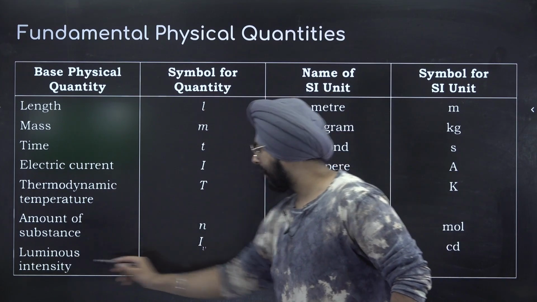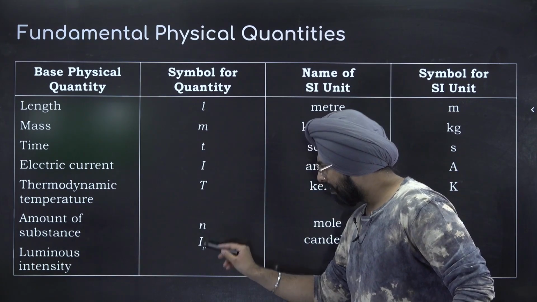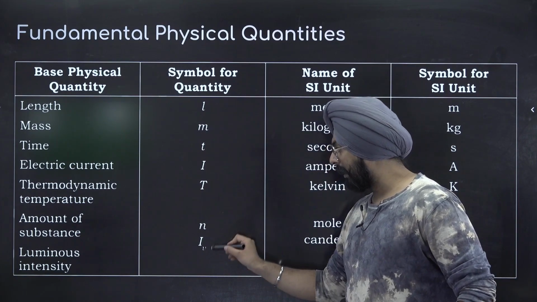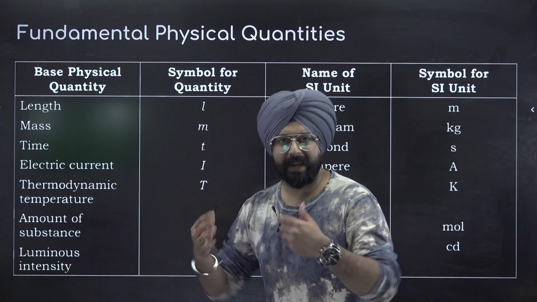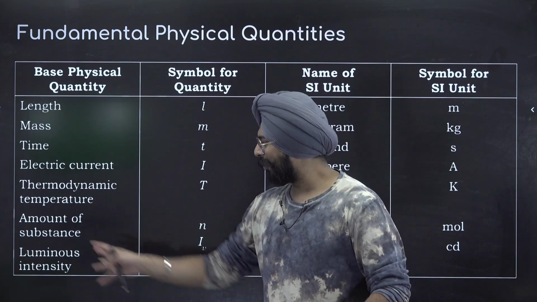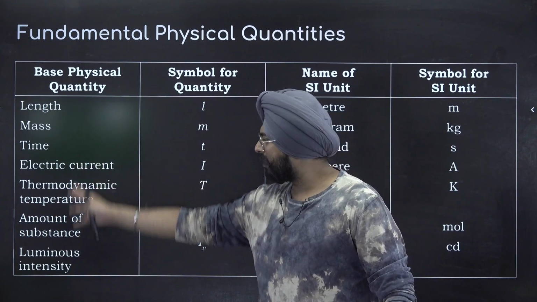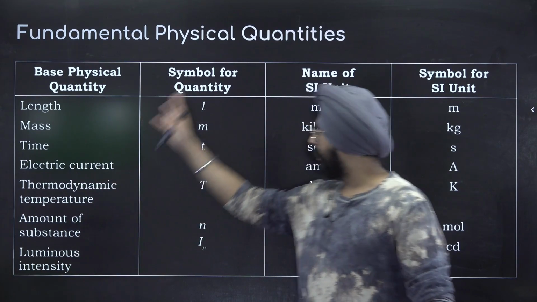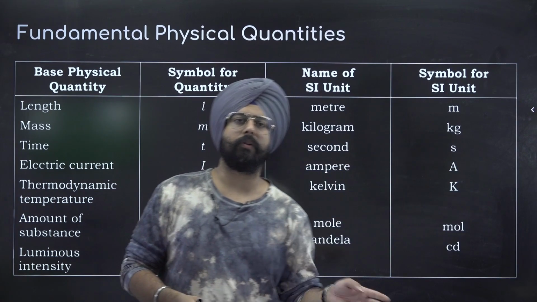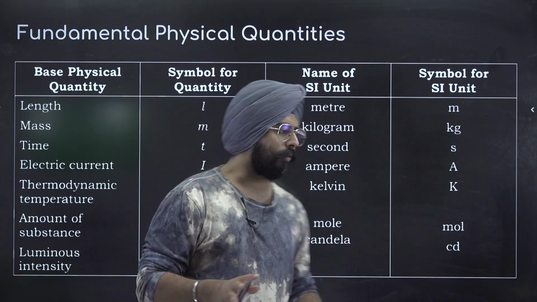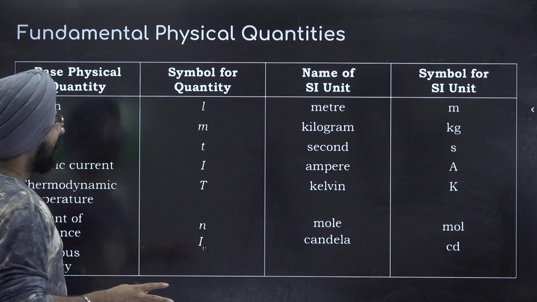And luminous intensity with I and a nu at the bottom. There's a Greek letter at the bottom. We'll use luminous intensity hardly ever in the syllabus. So no need to worry about this one. But please make sure you write down the symbols for these quantities as well. This table has been taken from the NCERT, by the way, so no need to fret too much about it.